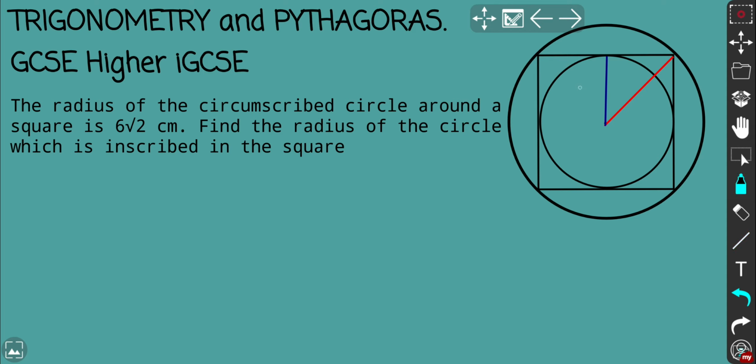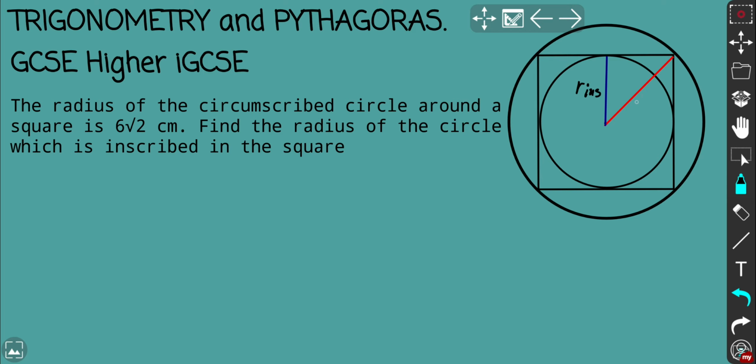So I can write that this is the radius of the inscribed circle. We also have this red line, and if we connected it up to another angle, we'd get the diameter, but in this case it's only the radius for the big circle.